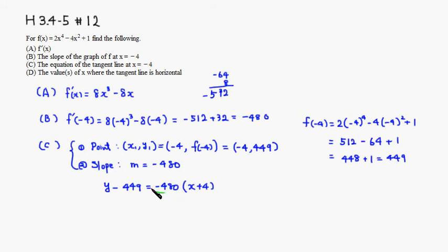And we can just distribute negative 480 to x, so you get negative 480x. Then distribute the negative 480 to 4: 4 times 8 is 32, and 4 times 4 is 16, so it's 1,920. Then all you really have to do is add the 449 to both sides.